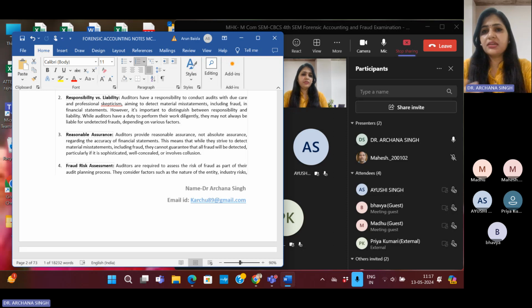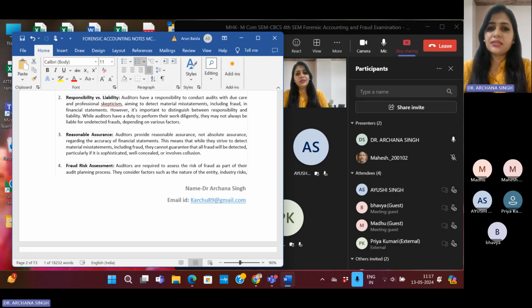Okay, collusion means a secret agreement. Okay, तो अगर ऐसा fraud जो कि बहुत ही sophisticated है, well concealed है, और एक secret agreement है, involves collusion, so in that case auditor can't guarantee that all fraud will be detected. So he can only provide a reasonable assurance regarding it.